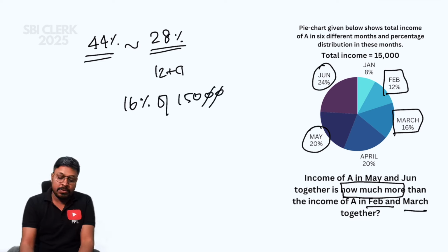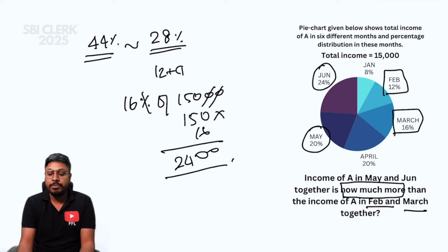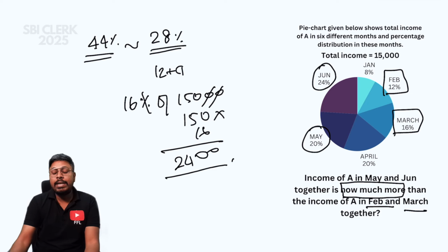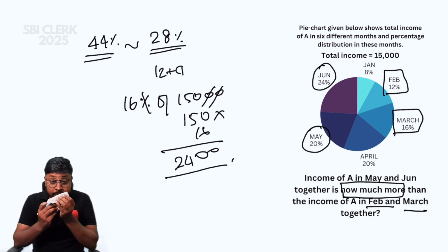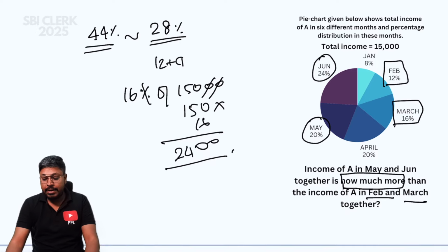We can cancel 20 directly, so 150 into 16 will be 2400. So the answer for this question is 2400. We have to read the question carefully and check what we need to find: whether we need to find the percentage or only the value. Based on that, target and find the answer, right?